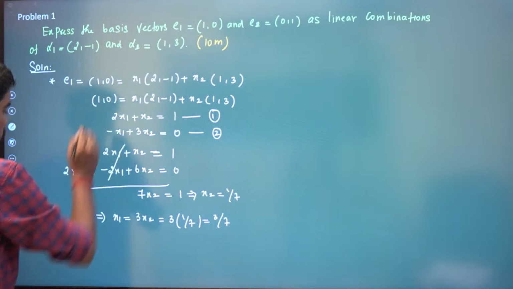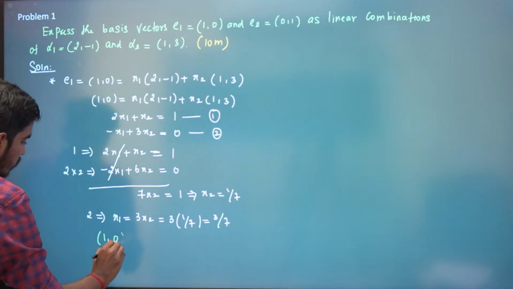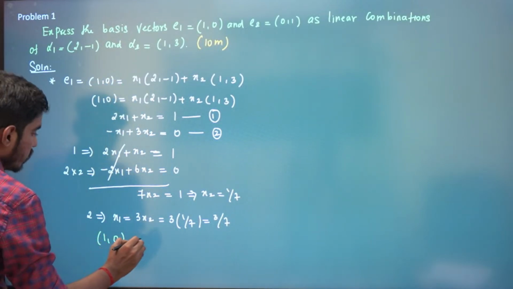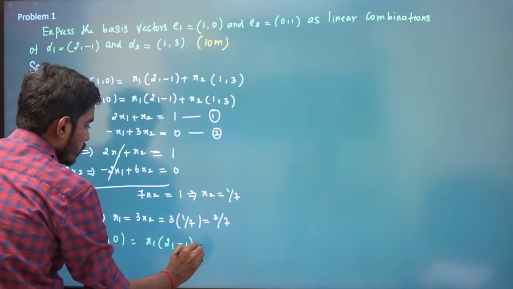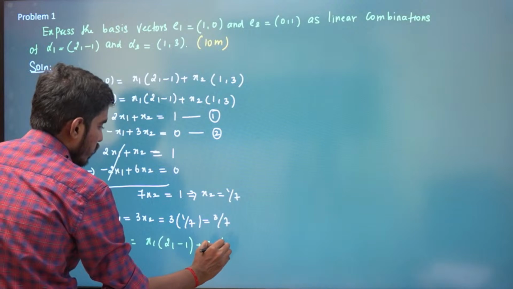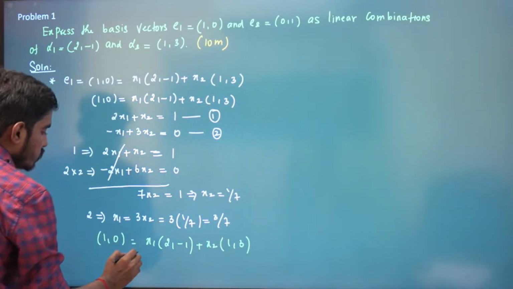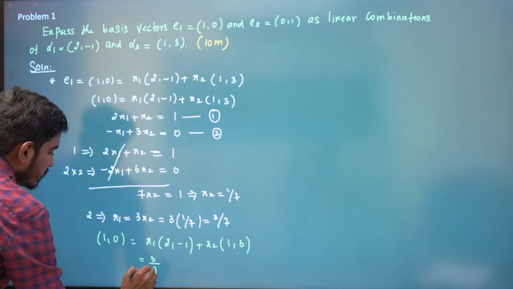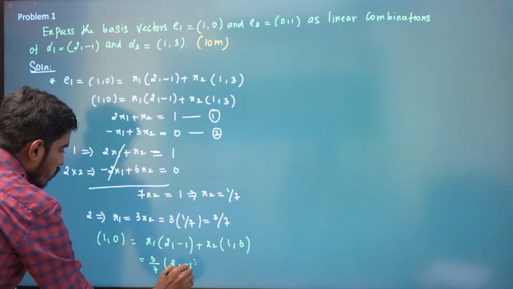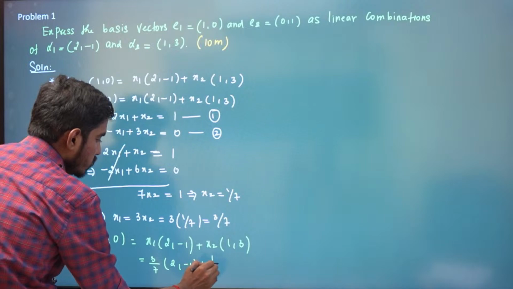So we have expressed (1, 0) as a linear combination of x1 times (2, -1) plus x2 times (1, 3), where x1 is 3 by 7 and x2 is 1 by 7.